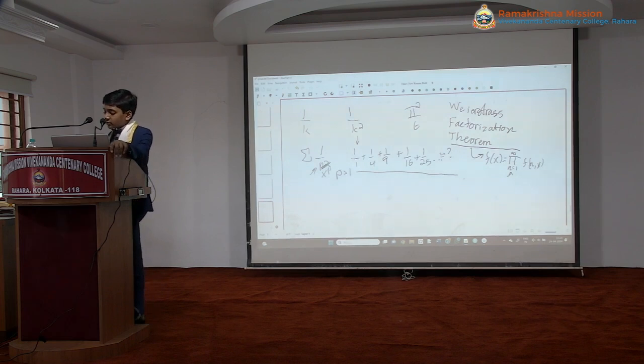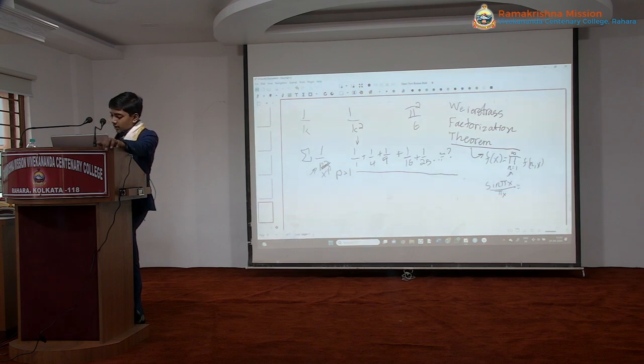So in this case, we're going to use this to infinitely factorize sine pi x over pi x, which looks a little bit like this, if I remember correctly. No, I can't draw it too well over here, but let's see. Yeah, that's my best estimate.